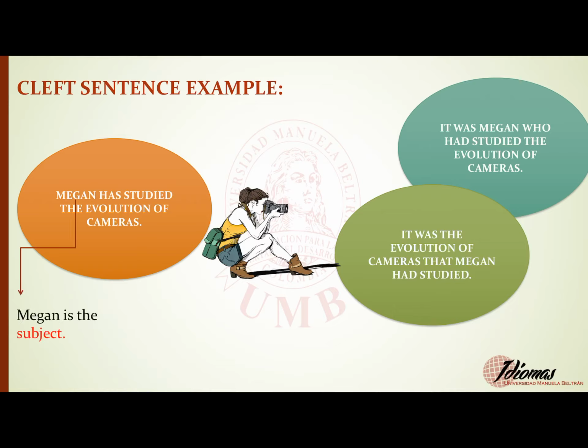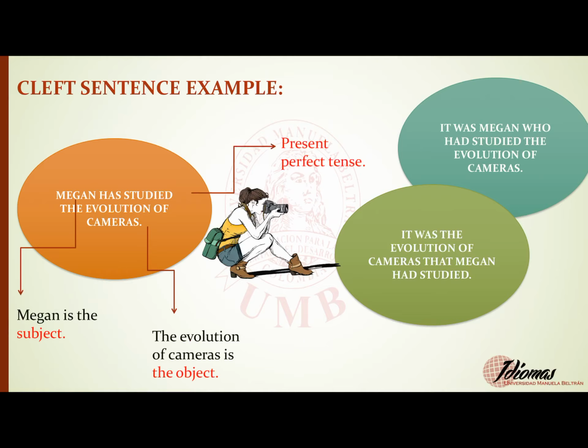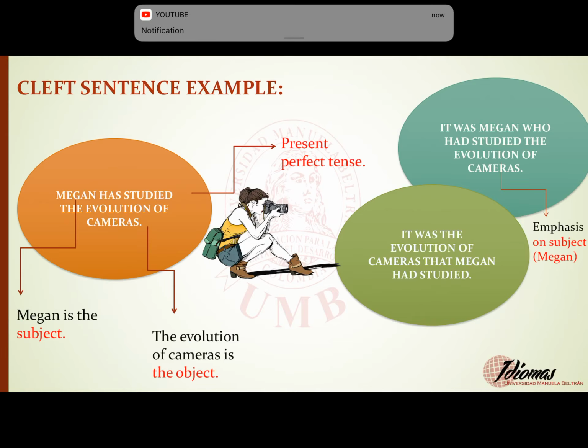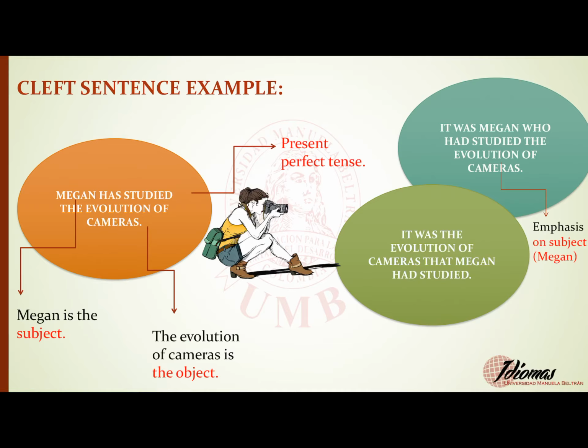All right, let's take a look. Megan is the subject. The evolution of cameras is the object. We have the original statement done in present perfect tense. Look to your right, you will see the emphasis is placed on the subject, who is Megan.